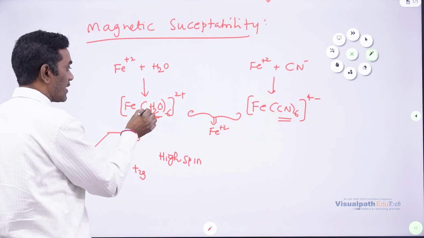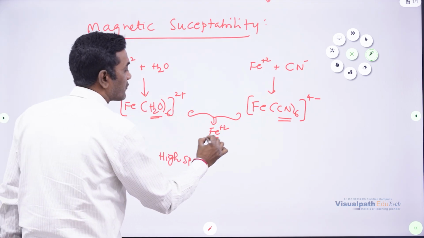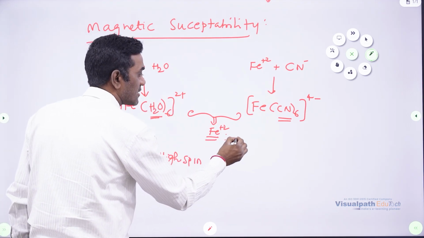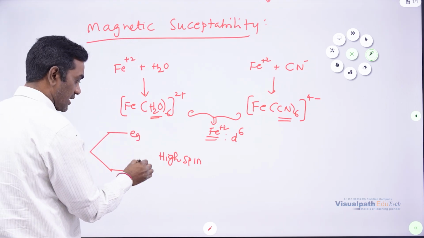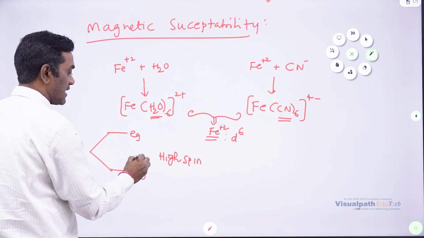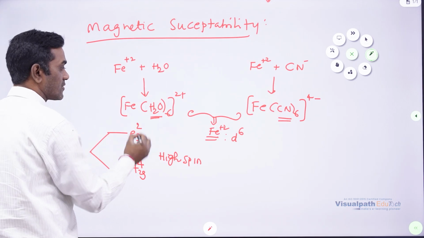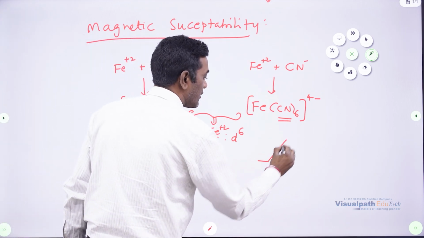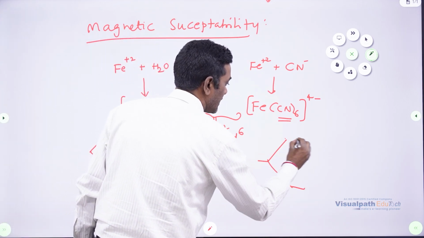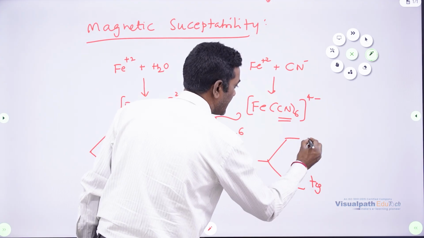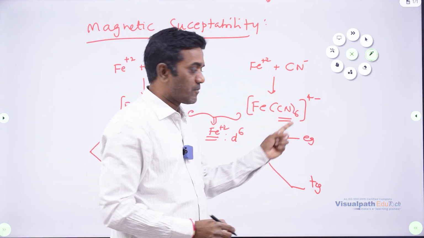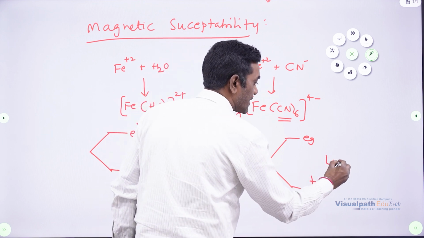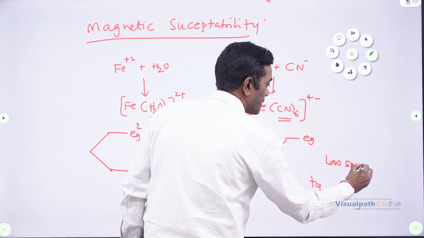That means what is the Fe plus 2 oxidation state configuration? d6. So 6 electrons are going to fill 1, 2, 3, 4, 5, 6. t2g4, eg2. The same way here, it is t2g and eg. Here in this case, even though it is d6, it is strong ligand, so going to form low spin complex.